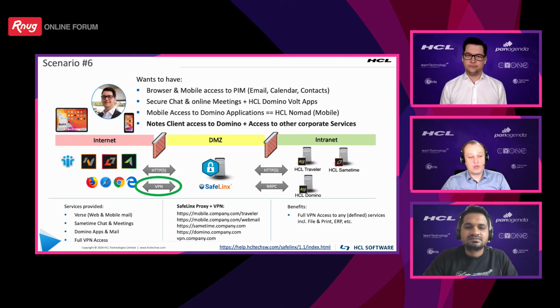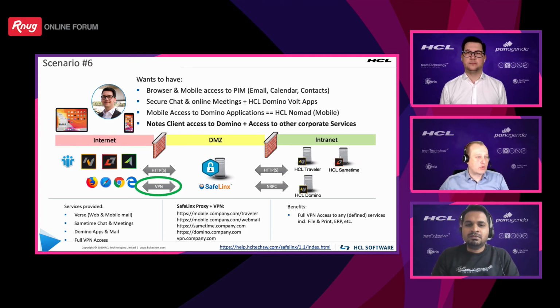So if we have exposed file and print, if we have allowed the ERP system, the SAP or whatever you said, to be accessible, then you will be able to use that. And of course, the Notes client using nRPC on the client side can also directly communicate with the Domino server.